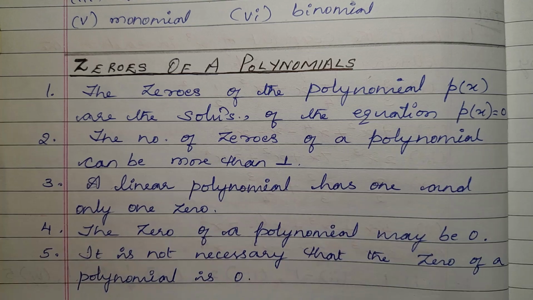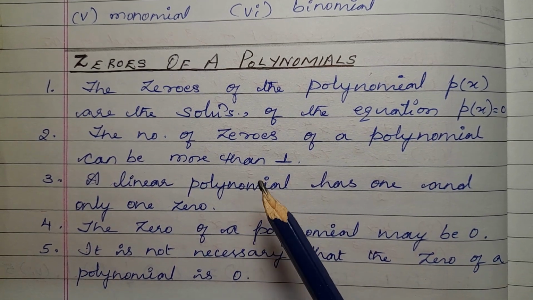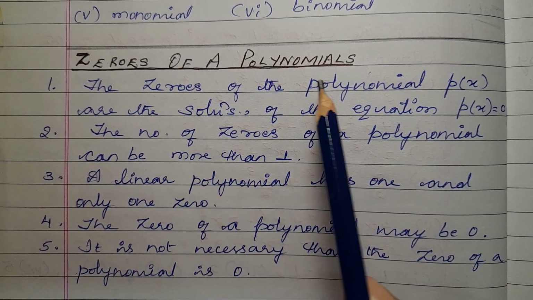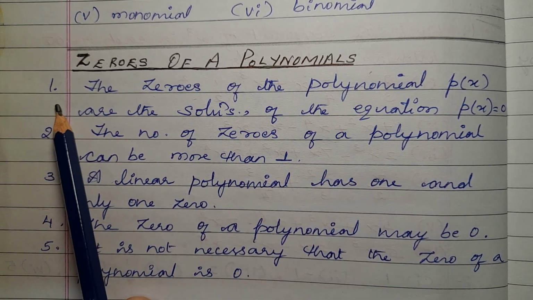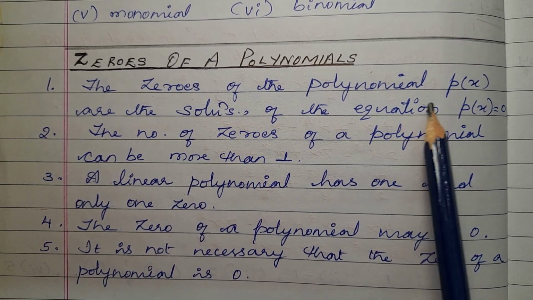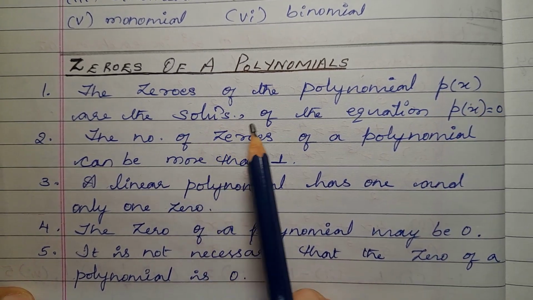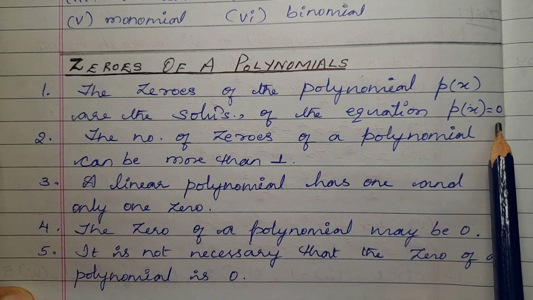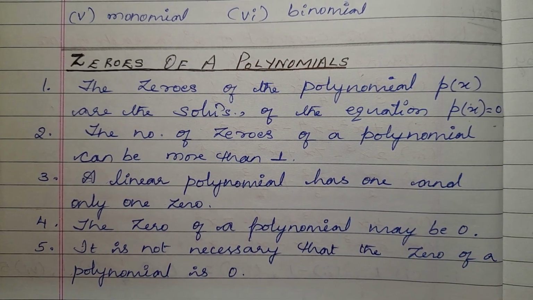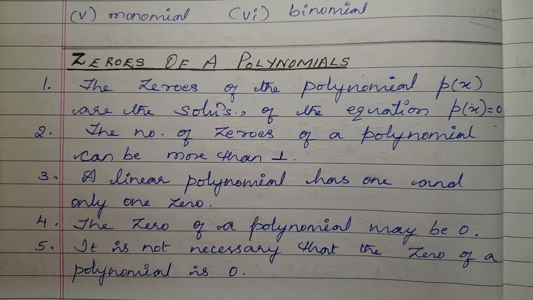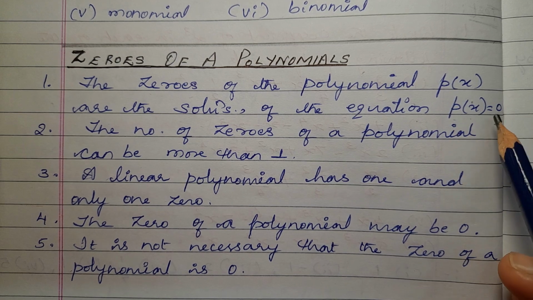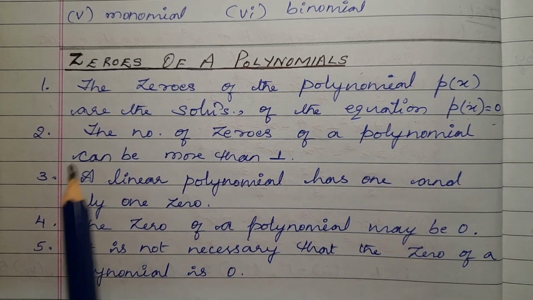Okay, notebook. Zeros of a polynomial. First point, the zeros of the polynomial p of x are the solution of the equation p of x equal to 0. So zeros of a polynomial means when p of x is the polynomial, it should be 0.